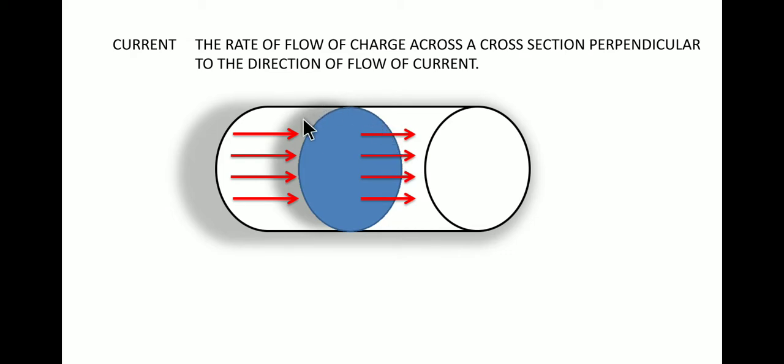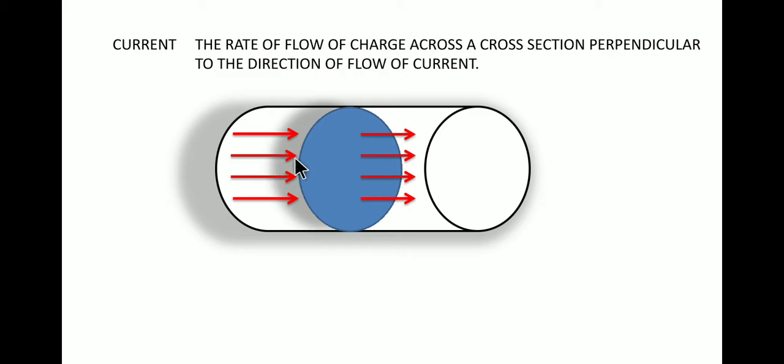Through this cross section, how much charge passes in unit time, that amount of charge will be known as the current. So it is the rate of flow of charge across a cross section which is perpendicular to the direction of flow of current.